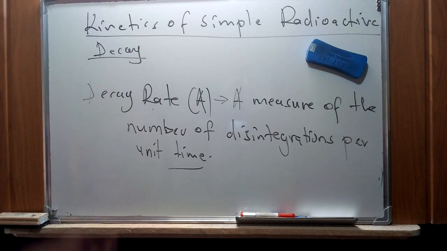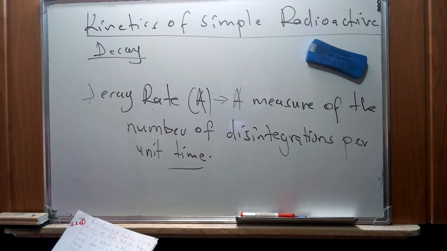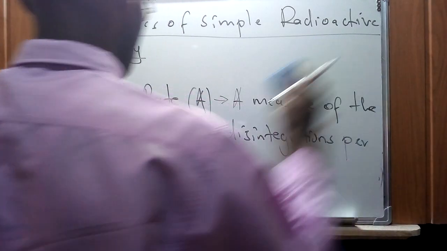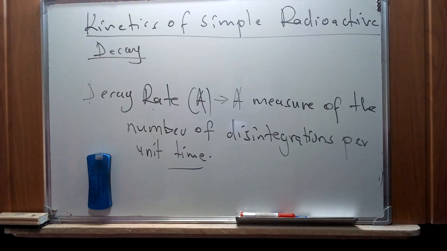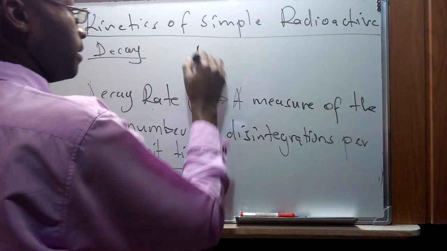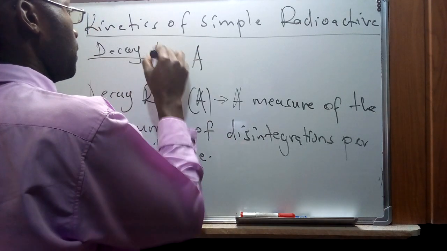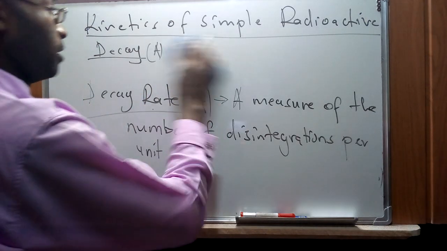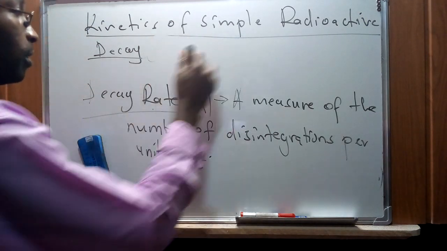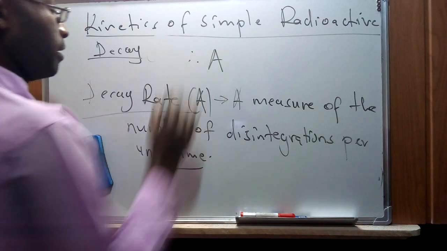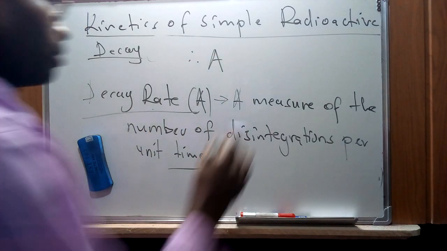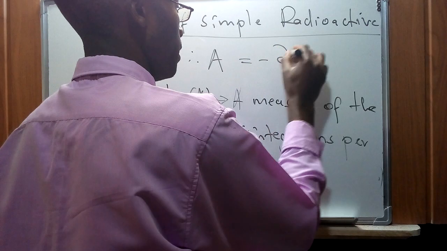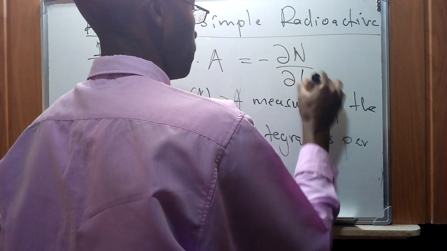But in this case, we can use a reference for days, years, etc. So this decay rate, as we have said, is a ratio. When we are trying to measure it, decay rate is given as A. So when we are trying to quantify it, it is a quantity which can be given as the number of disintegrations per unit time.